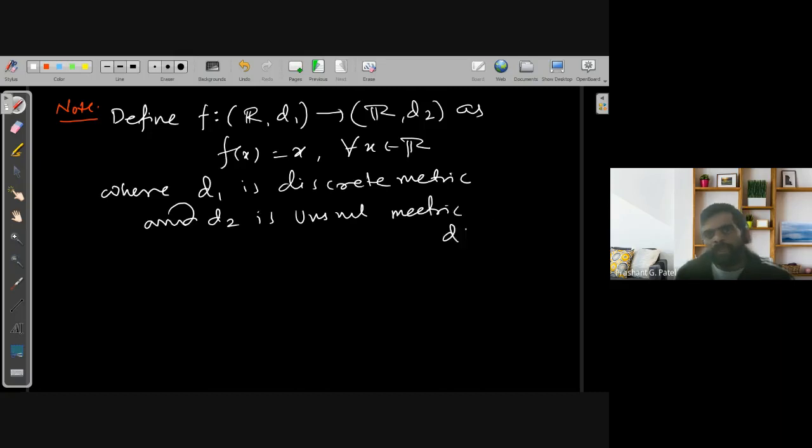The usual metric means D of x, y is equal to mod of x minus y for every x, y belongs to R. So that is a usual metric.